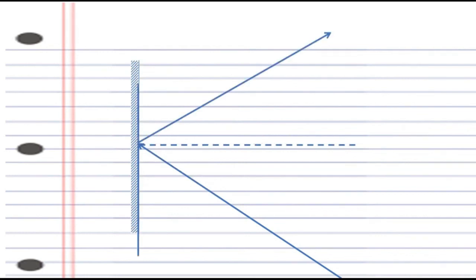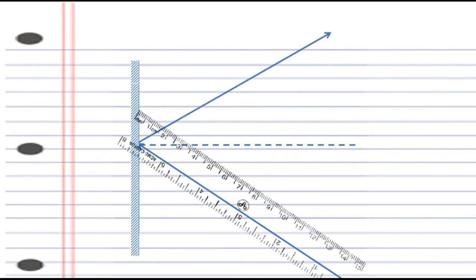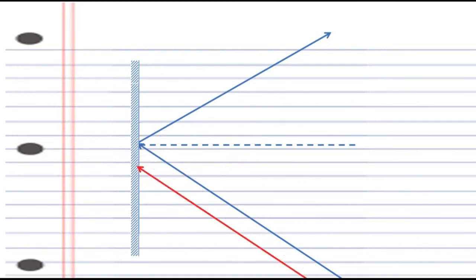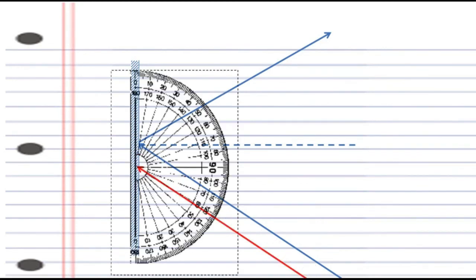Now suppose another light ray is given. Again you have to keep a protractor there. Make a 90-degree normal. Find out how much is the angle from here to here. It's again 30 degrees, right?